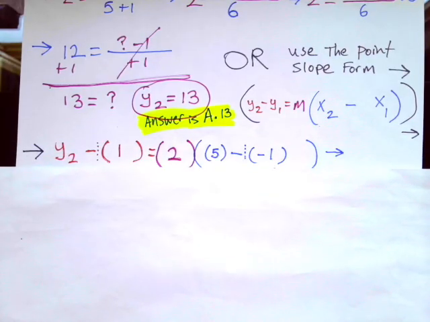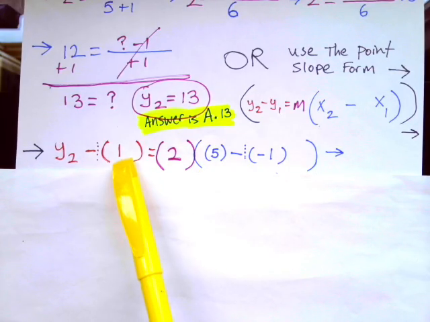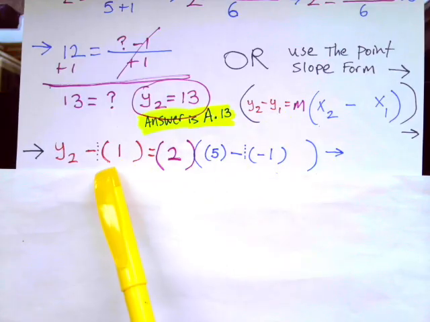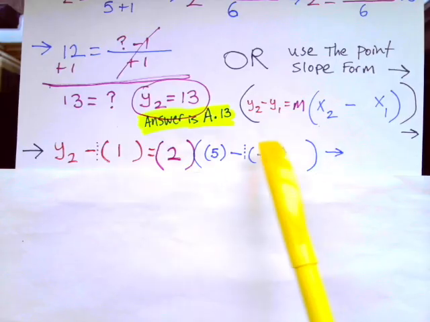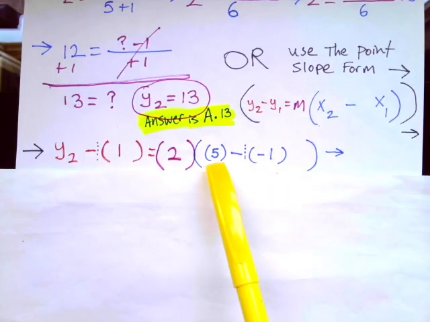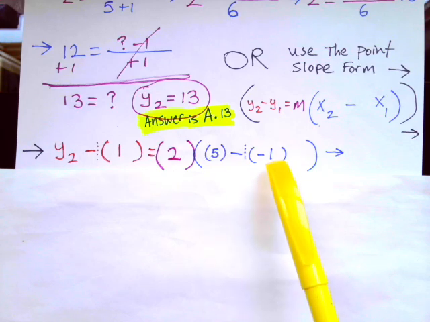So let's just do that. Let's substitute those values. I now have y2, and that's the invisible negative 1 I talked about earlier. My y1 value was positive 1. My slope, my m, was a positive 2. My x2 value was 5, minus my x1 value, which was a negative 1.